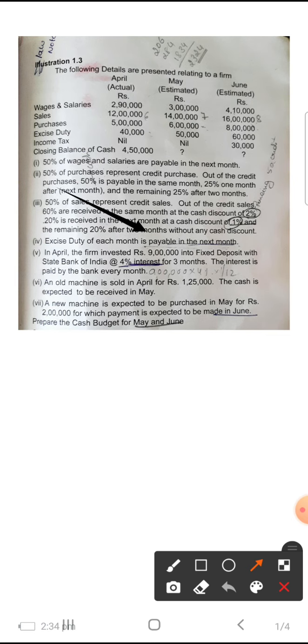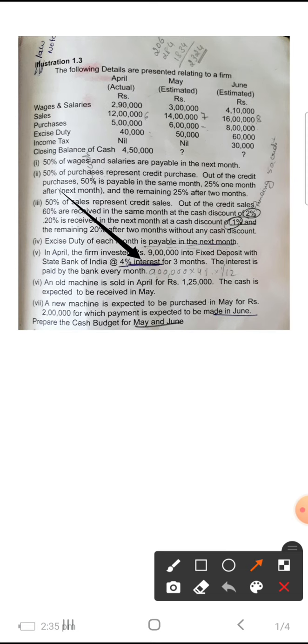Here 60% is received in the same month, but they will get a cash discount of 2%. 2% discount means they will deduct that amount and the remaining amount will be payable. 20% in the next month at a cash discount of 1%, and remaining 20% after 2 months without any cash discount.